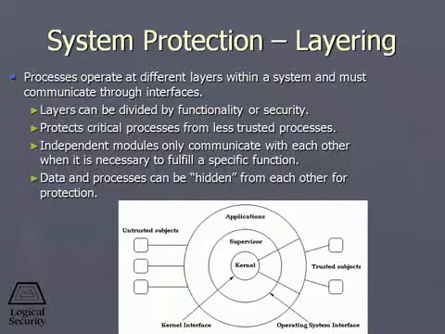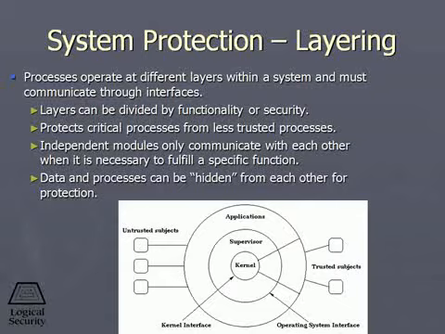And again, as we've described, closer to the core, more trust, greater access. Further away from the core, out at ring 3, less trust and smaller access, lesser access to resources. So this diagram shows those different security domains.